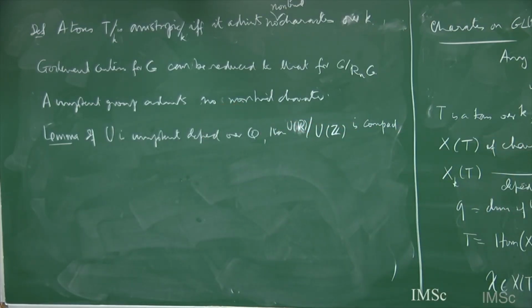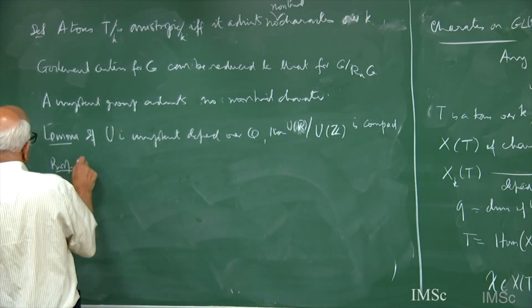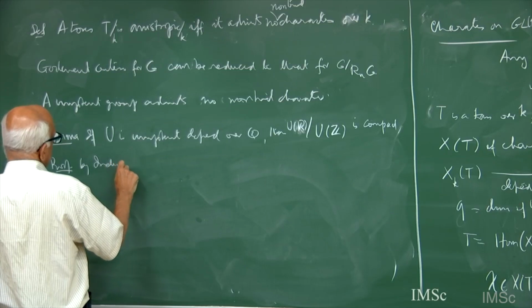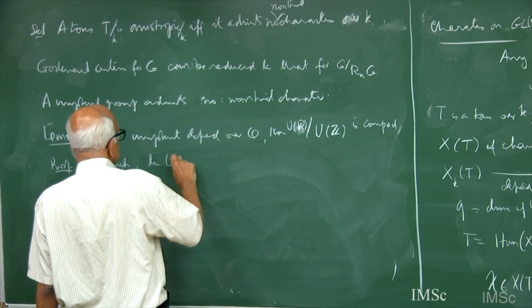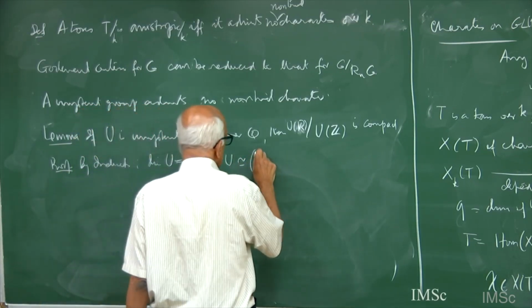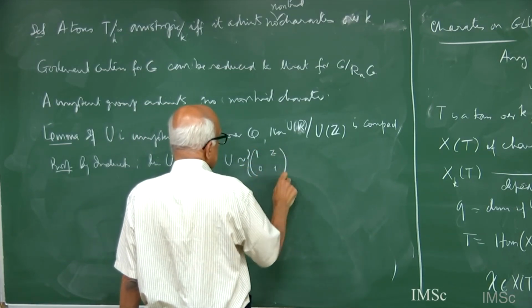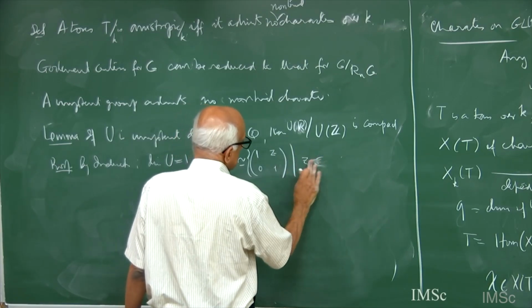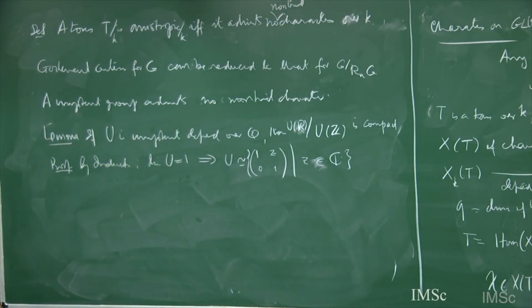As you can expect, this can be proved by an induction on the dimension of U. The simplest unipotent group, of course, by induction, dimension U equal to 1 will mean U is isomorphic to G_a. Then what happens?